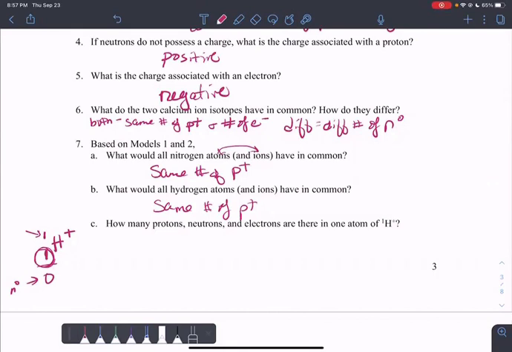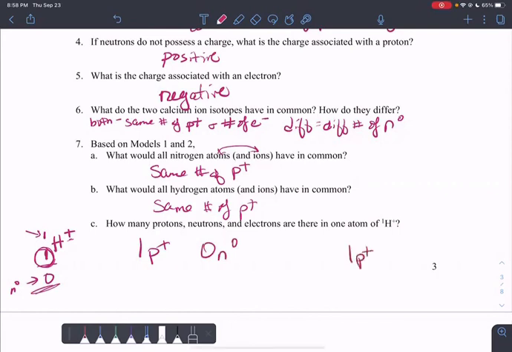So how many protons, neutrons, and electrons are there in one atom of hydrogen 1 ion, right? Because it's charged. So this would be 1 proton. It would be 0 neutrons. Now it's charged, right? It has a +1 charge.